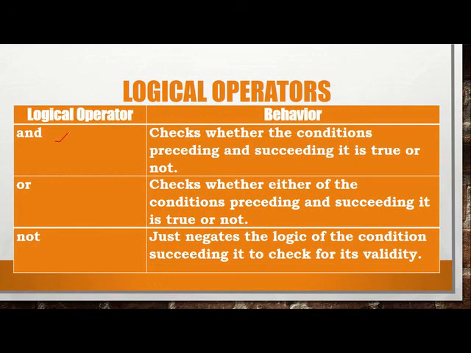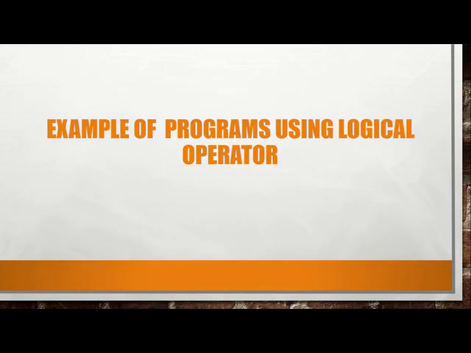Now, and is used to check whether multiple conditions are all getting satisfied or not. Or means either of the conditions, one or the other, is getting satisfied or not. And not is basically used to negate the logic. It is just to make the logic simply opposite. Now, we are going to see a few examples related to logical operators. Then the concept will be very clear.